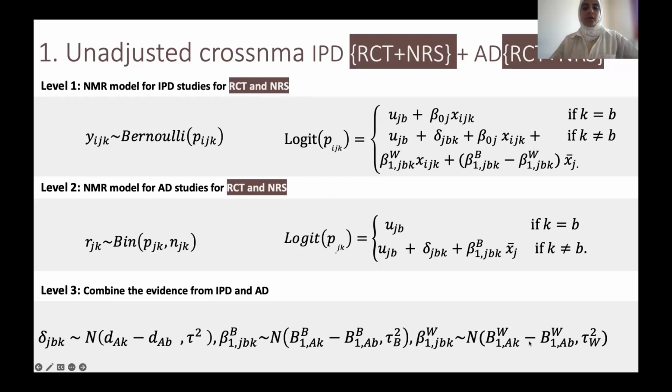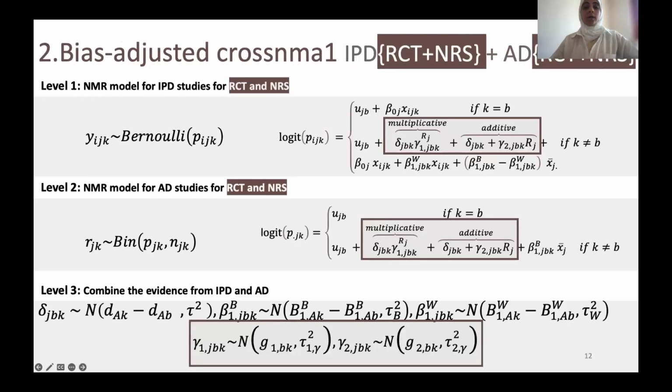And as you can see here, we don't acknowledge any study bias, while in the other three Crossnma models, we adjust for study bias in different ways.